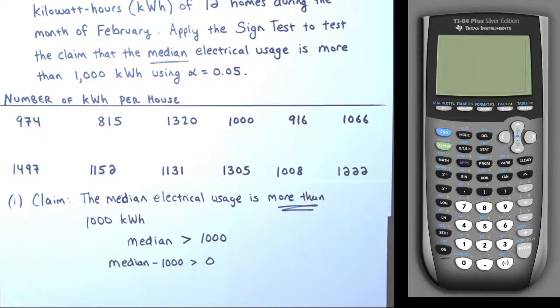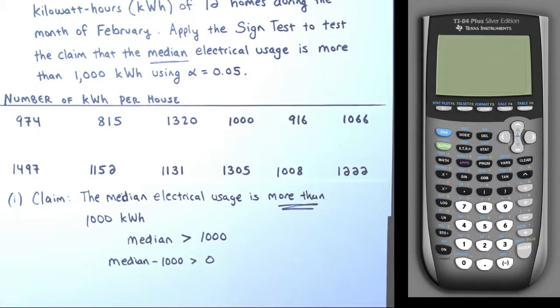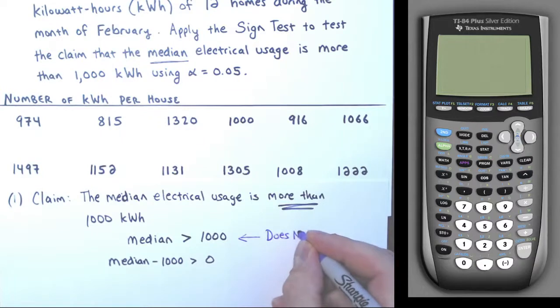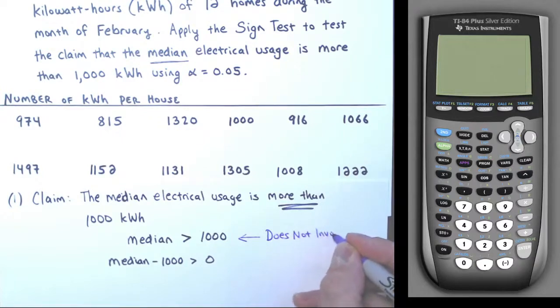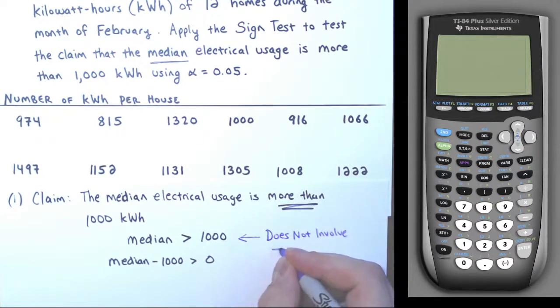But notice that this claim, this hypothesis we're testing, does not involve equality. There's no is equal to, no is less than or equal to, no is greater than or equal to. Because of this, this claim will be represented by the alternate hypothesis.